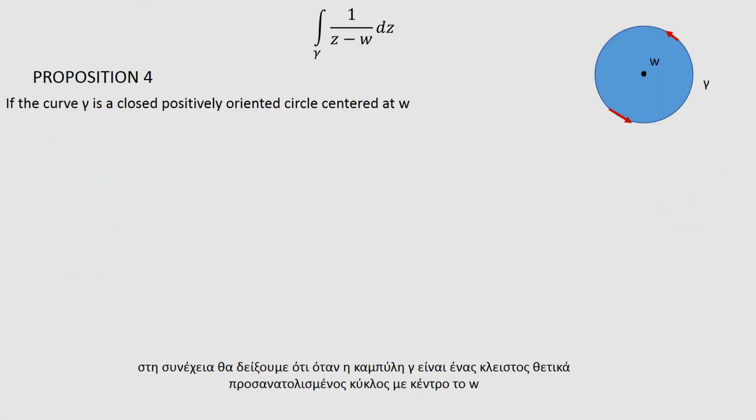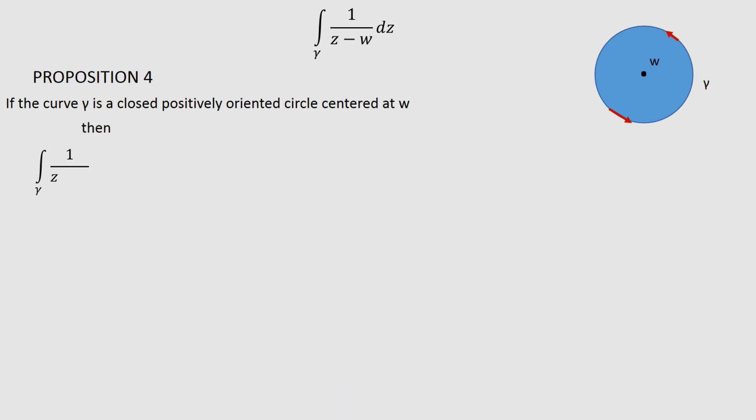Then we will show that when the curve gamma is a closed positively oriented circle centered at w, then, let's prove it.